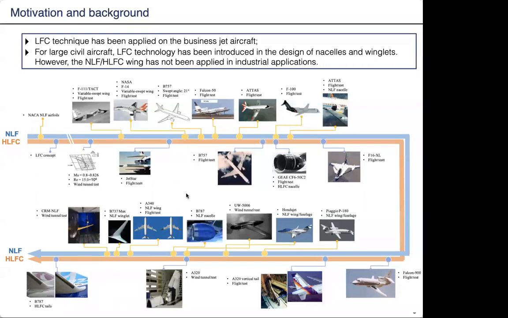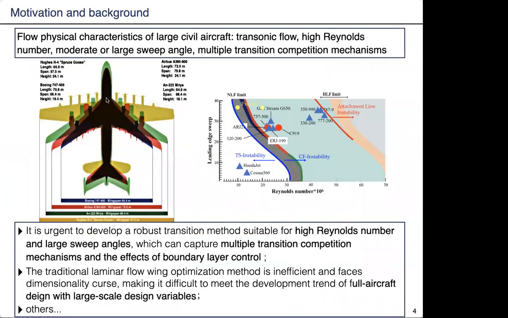So for the main lift surface, such as the wings, they are mainly the flight tests and wind tunnel tests for research purposes. So I think about what blocks the development of laminar flow technique on the large civil aircraft wings.